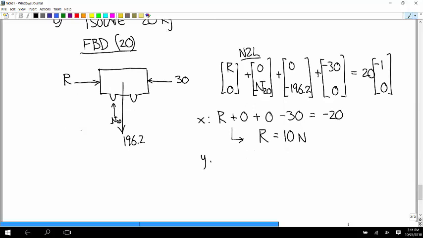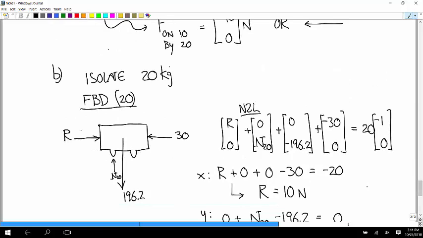You also get a Y equation that we're not going to use, 0 plus N20 minus 196.2 is equal to 0. But what we really want to use is this R value because this is our force on the 20 by the 10. That's what we're looking for. We just needed to get this R value so we could fill it in.